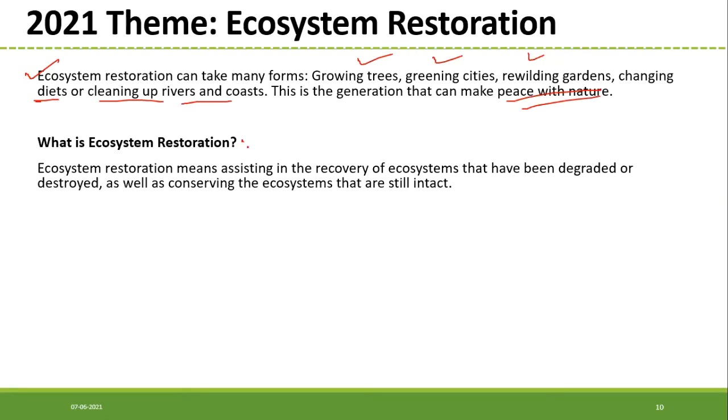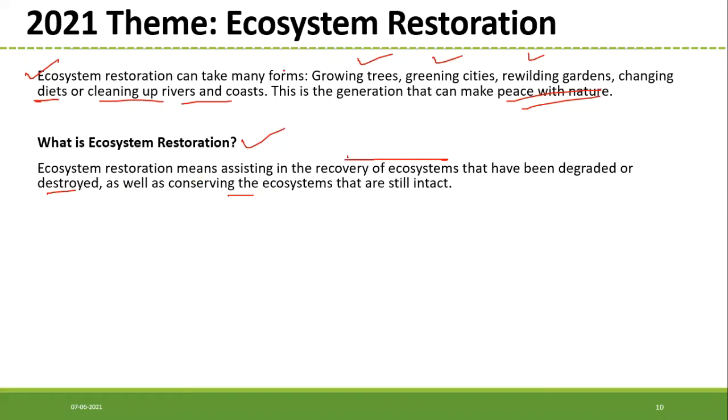You must have a question: what is ecosystem restoration? Restoration is assisting in the recovery of ecosystems that have been degraded or destroyed, as well as conserving the ecosystems that are still intact.